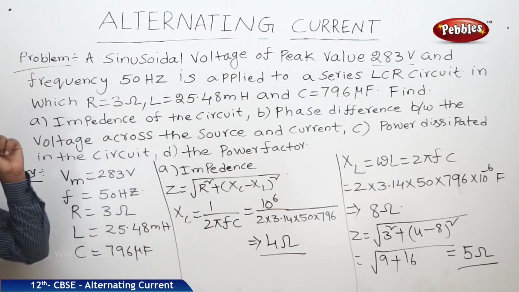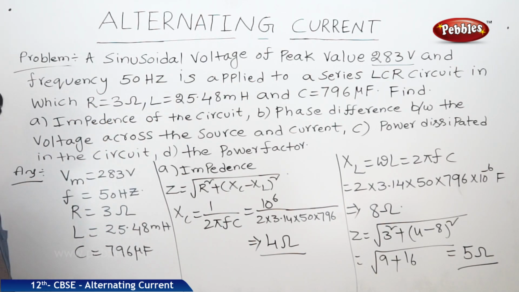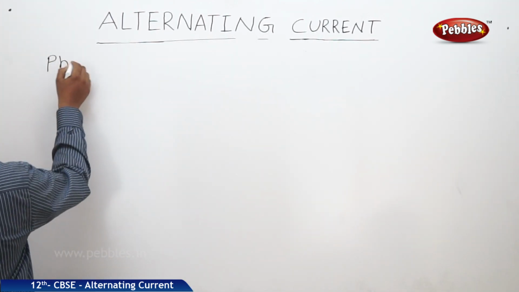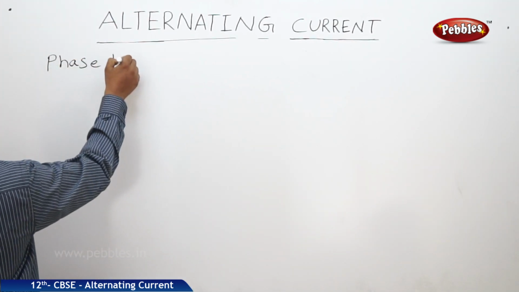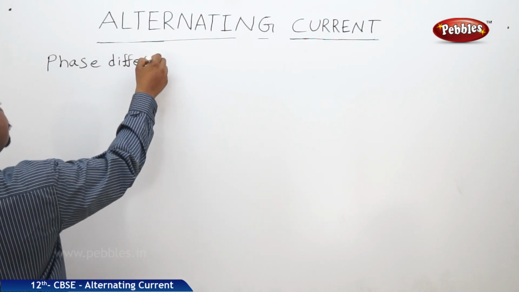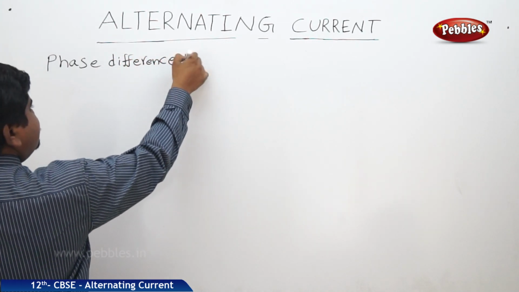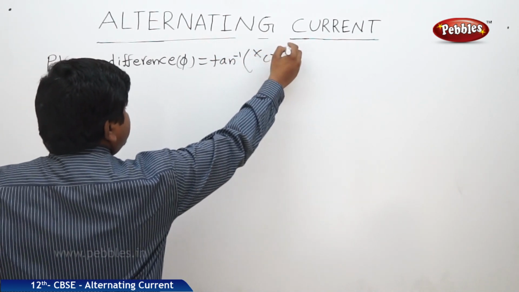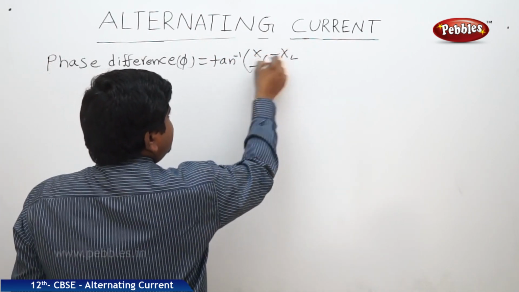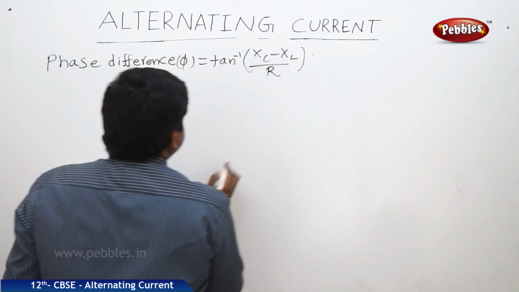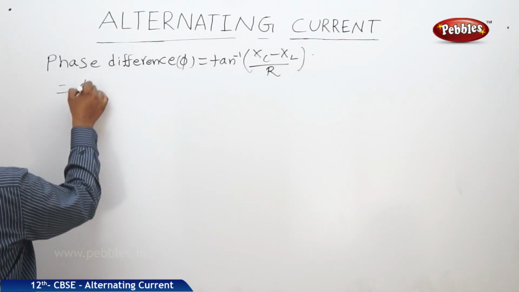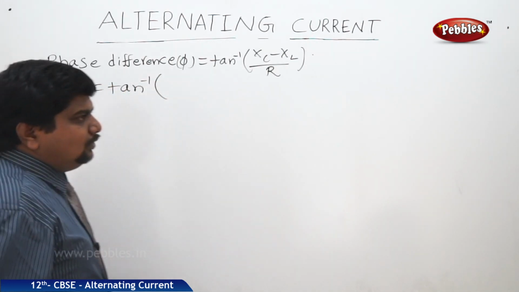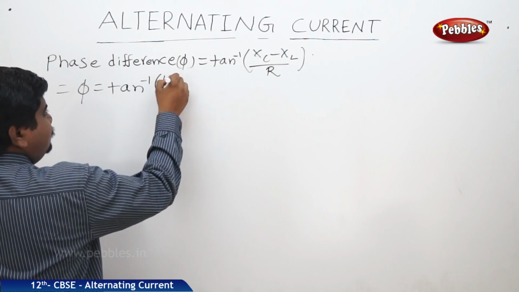Next we will find out phase difference between the voltage across the source and current. Phi is equal to tan inverse (XC minus XL) by R. Therefore phi is equal to tan inverse, what is XC? 4.